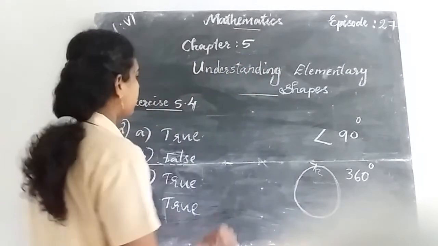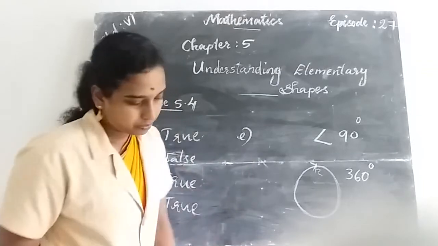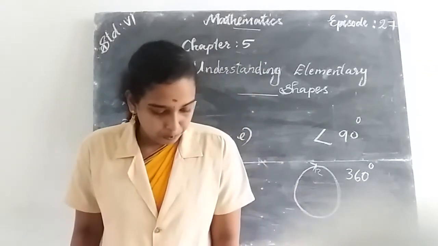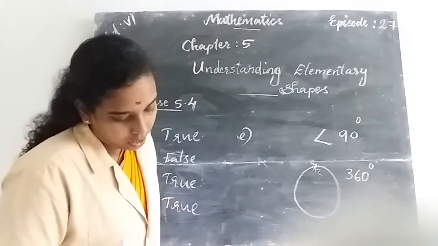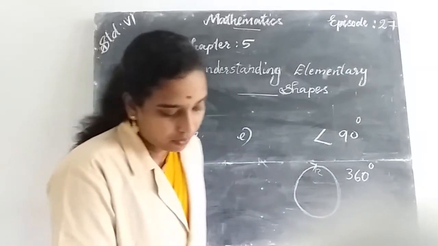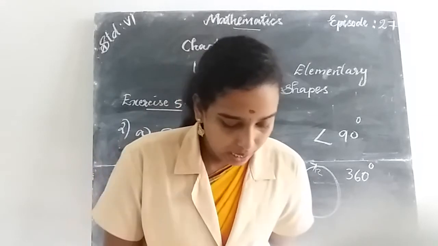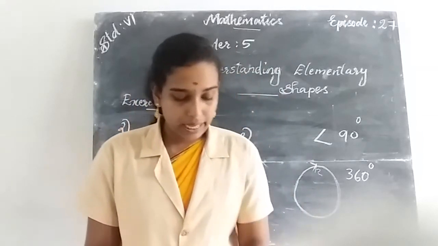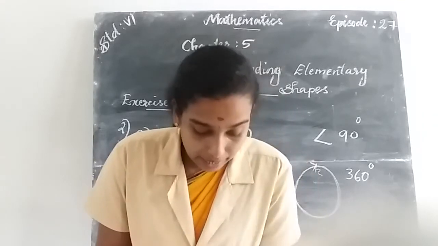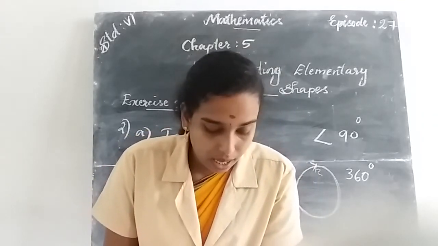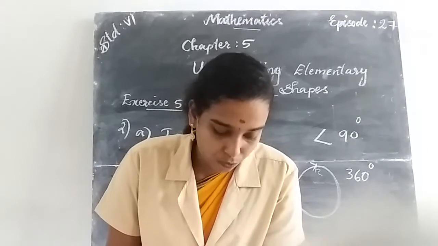Then the last question, that is question E. If angle A is equal to 53 degrees and angle B is equal to 35 degrees, then angle A is greater than angle B. Is it true or false?